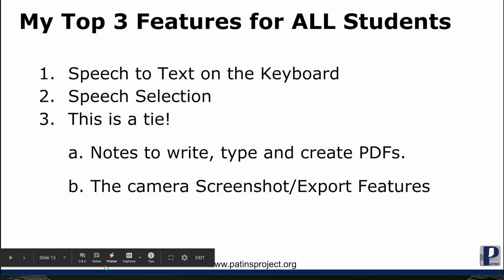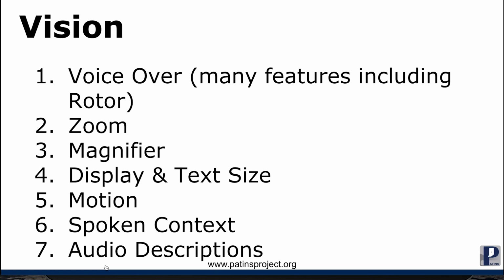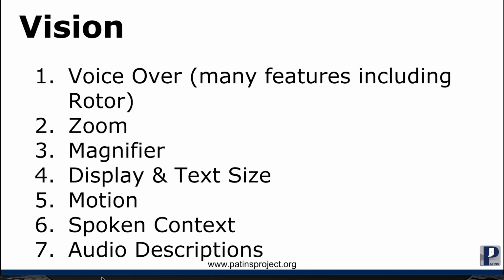So let's go on to the next screen. Okay, so we are now at the point where I want to go over individual features, and for sake of time, we're going to go through them quite quickly.